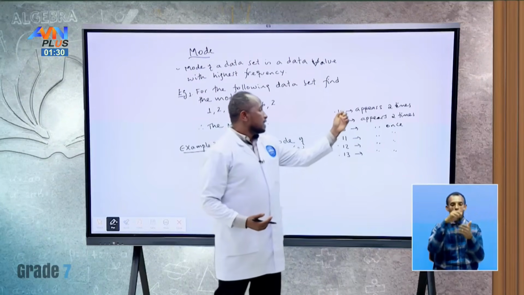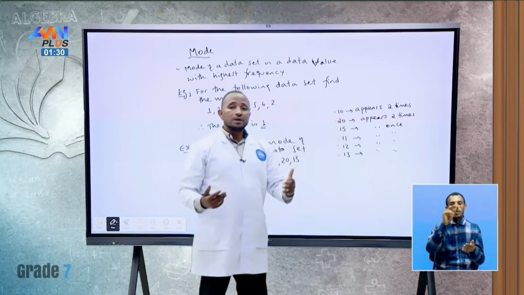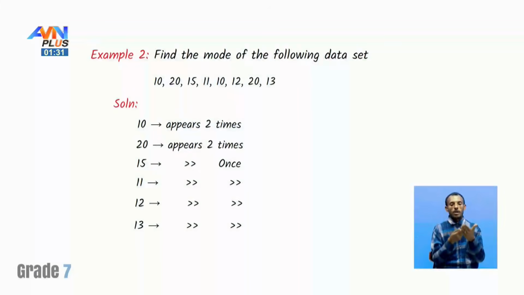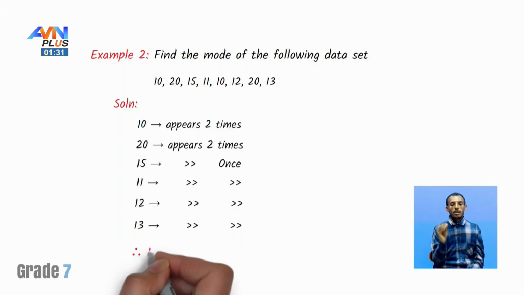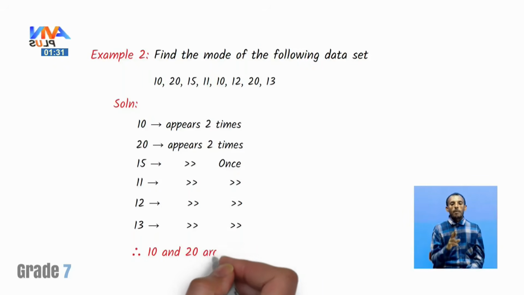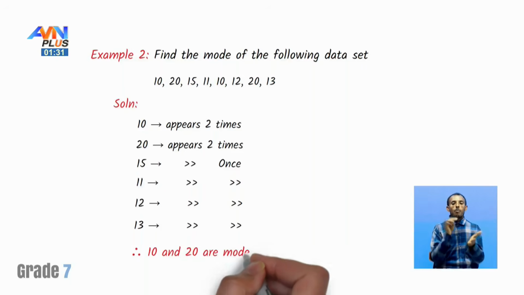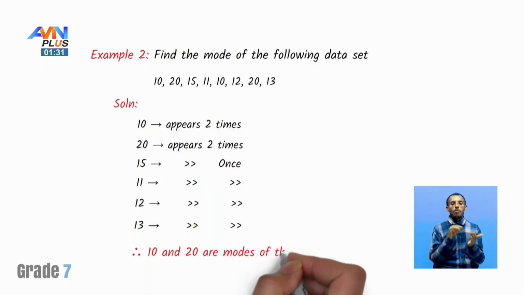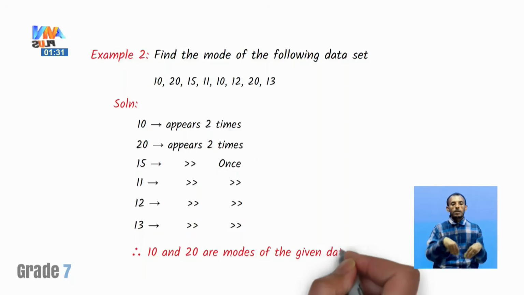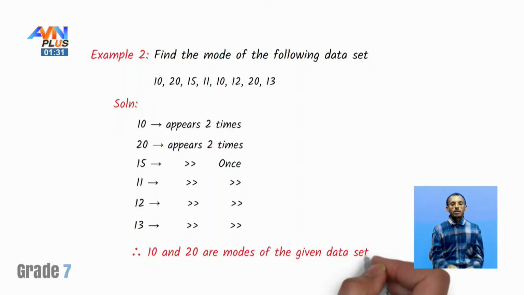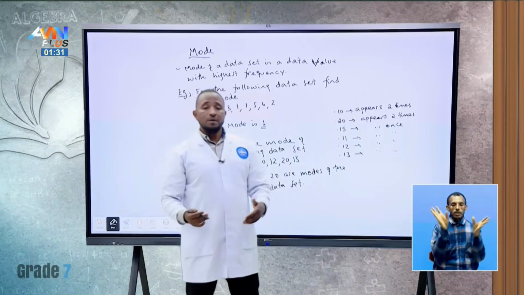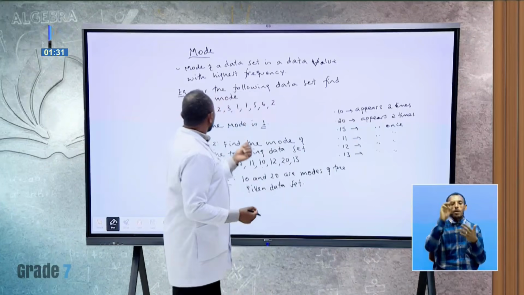Therefore, in this case, 10 and 20 are the modes of this data set.